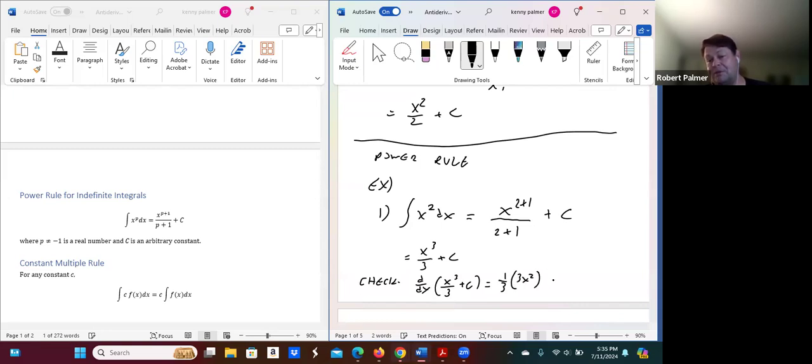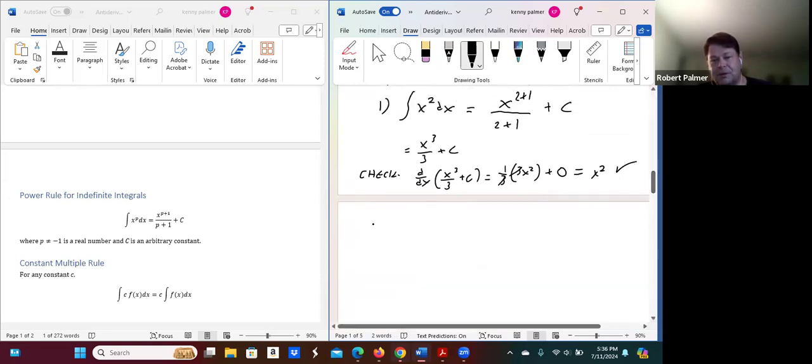Then plus the derivative of the constant, which is 0. And of course, here the 3's cancel out, and we're left with x squared. That checks. Okay, so that's what's called the antiderivative, or the indefinite integral of x squared, which is x cubed over 3.